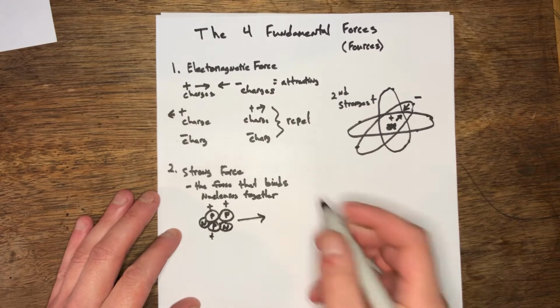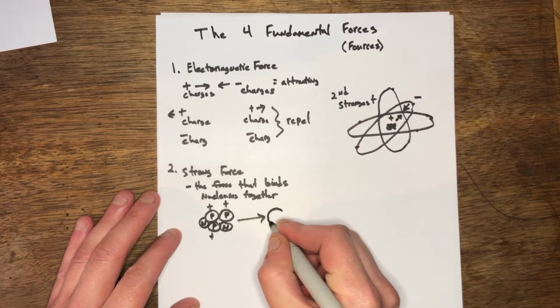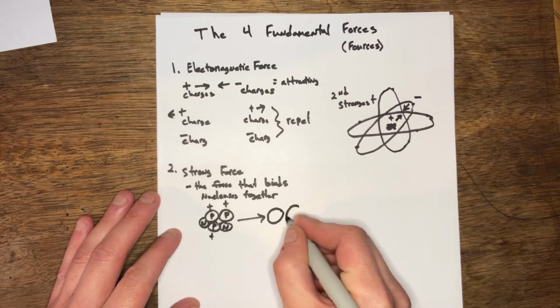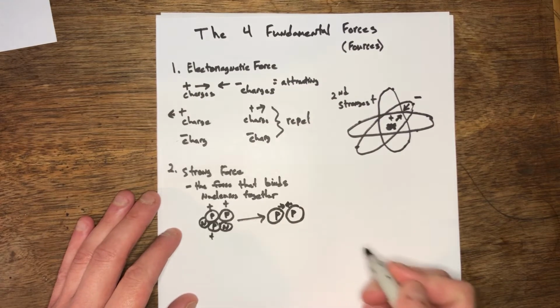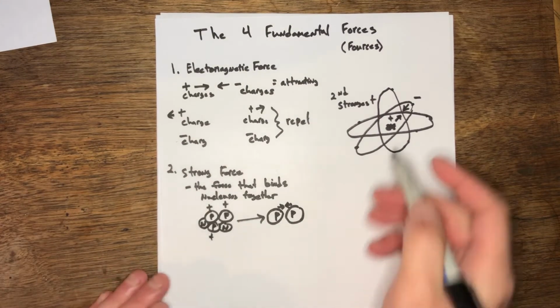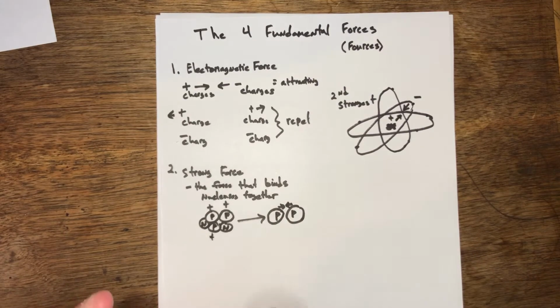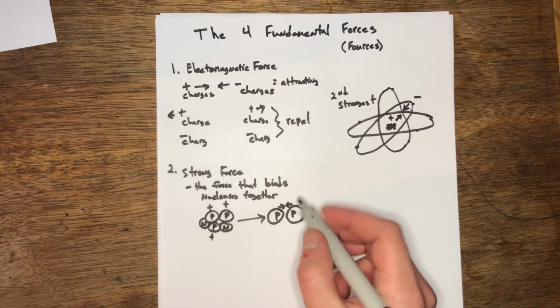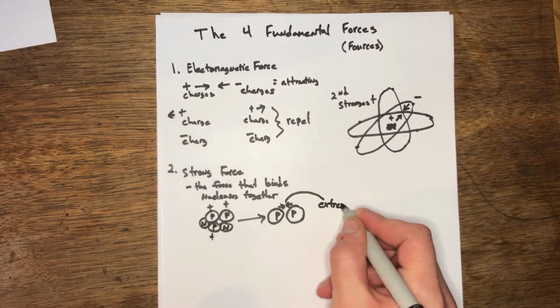Well, that is the result of the strong force, I guess you could say. There is a very, very strong force keeping protons together there. Otherwise, why doesn't a nucleus just break apart? Well, the strong force. When protons and neutrons touch each other, the strong force takes over and does not let them push each other apart.